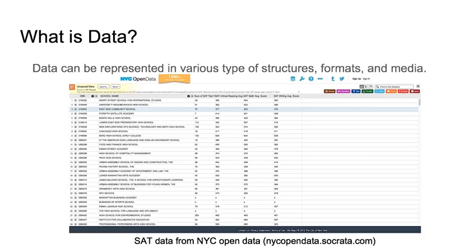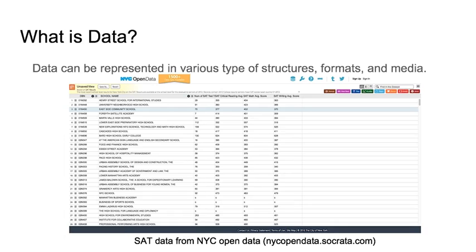Here's another example, and again, this is a spreadsheet, SAT data from a New York City open data site. And again, you can see different school names here, their SAT scores, and so on.